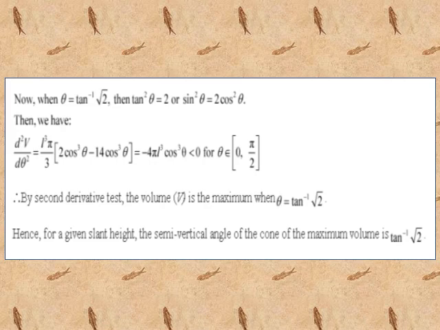So we get d2v upon d theta 2 as some negative number, so less than 0. Therefore by the second derivative test, the volume is maximum when theta equals to tan inverse root 2. Clear? Hence for the given slant height, the semi-vertical angle of the cone of maximum volume will be tan inverse root 2. So pause and note down the solution.